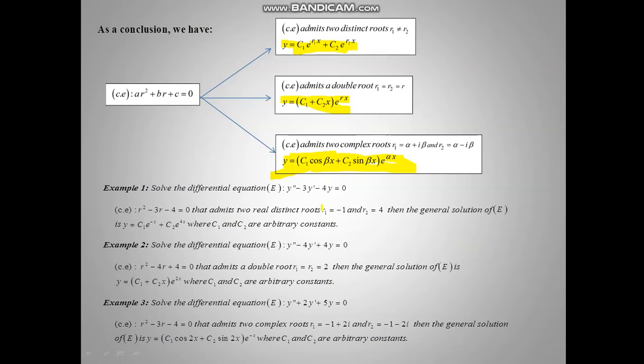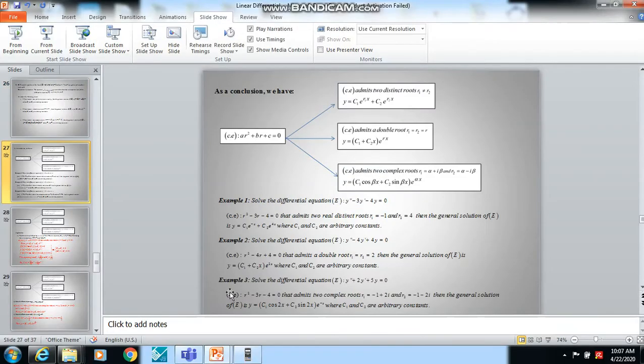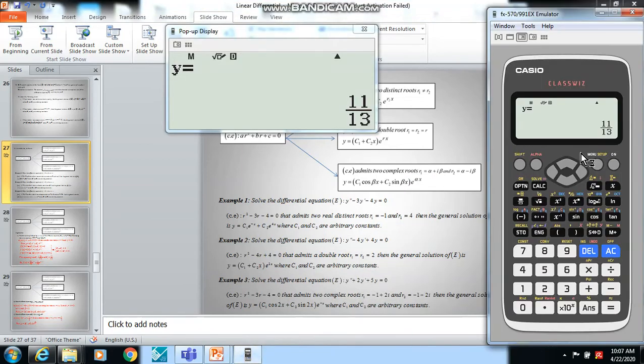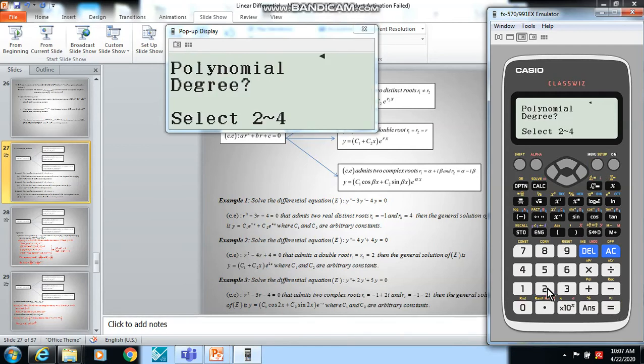Examples. Example 1. If we have this differential equation, we write the characteristic equation. The characteristic equation will be r squared minus 3r minus 4 equal to 0, because we replace y double prime by r squared, y prime by r, and the constant term is minus 4. Let me use a calculator. Menu, polynomial, degree 2.